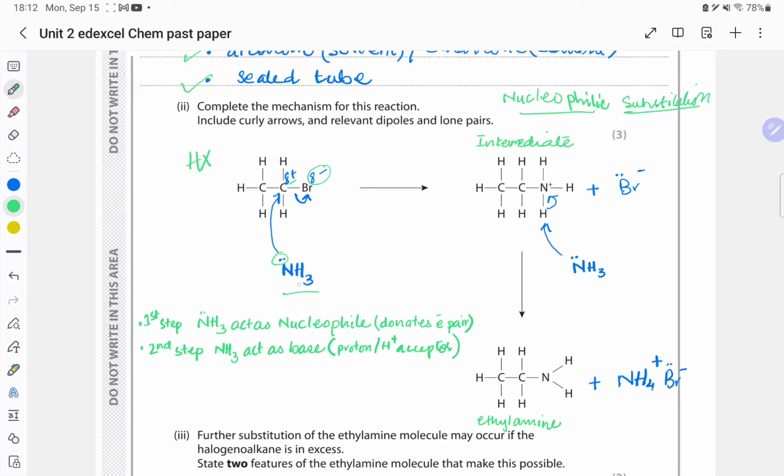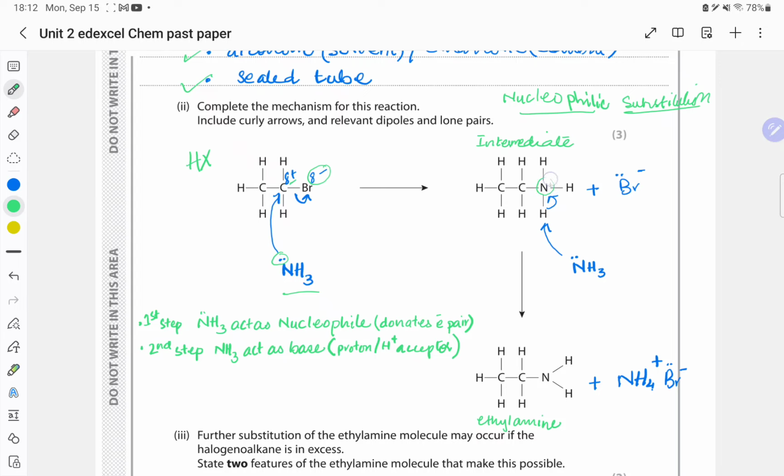So the nucleophile, having extra electrons, is going to attract toward the carbon and donate its pair of electrons to it. Once ammonia has given its lone pair, you can see the positive charge.